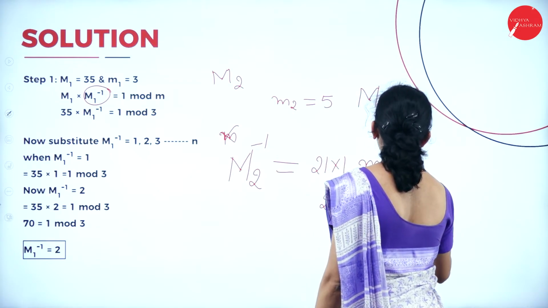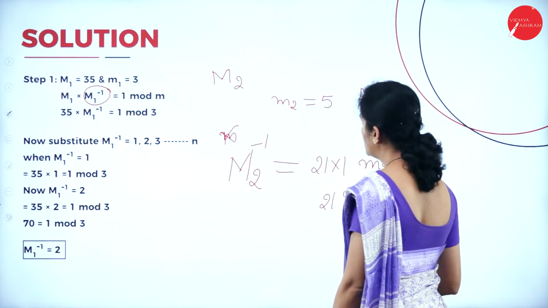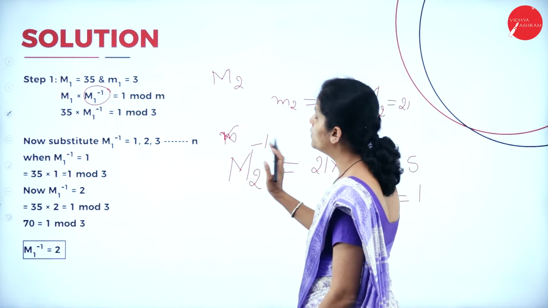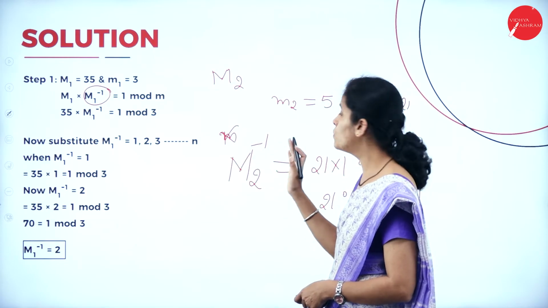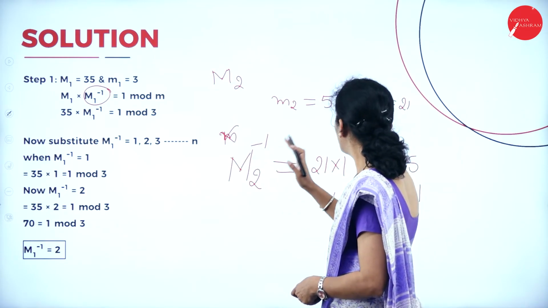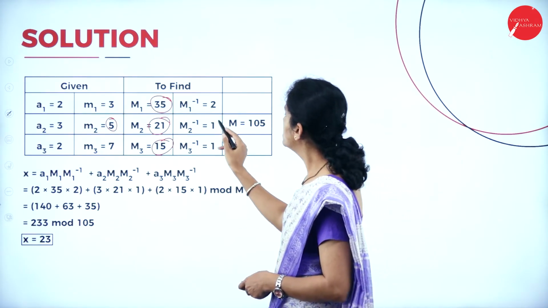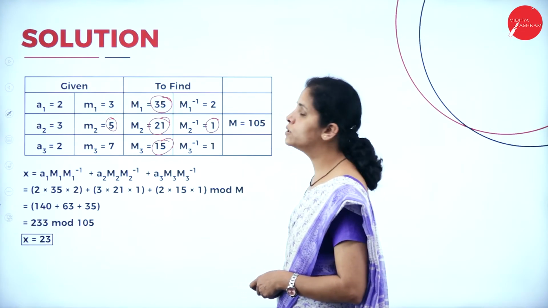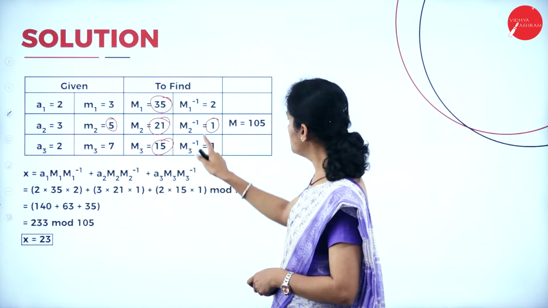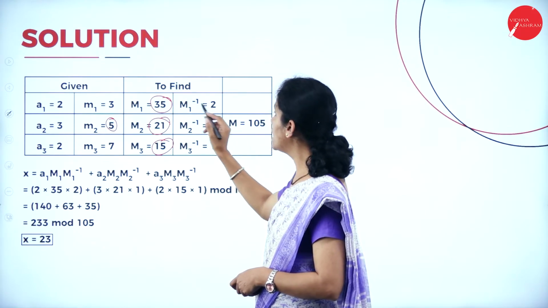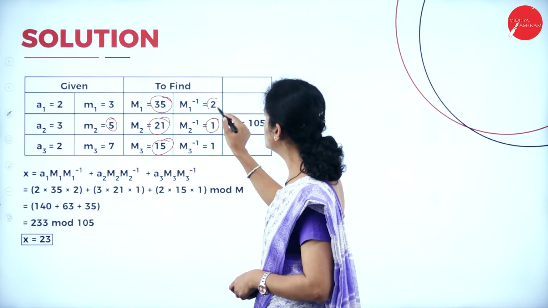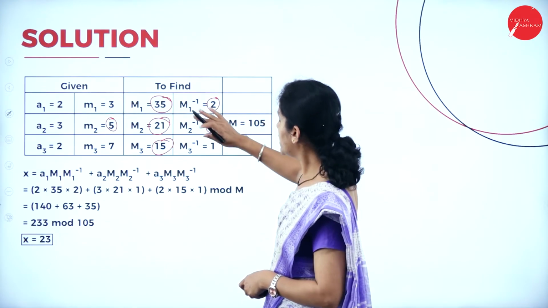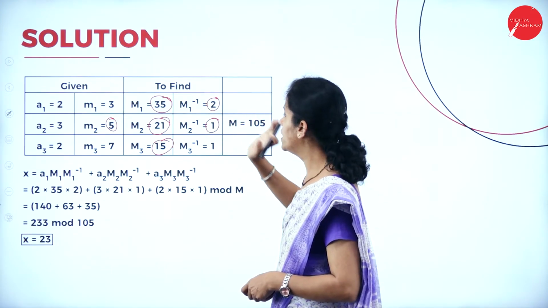What is the remainder? It is 1. So what is the value for M2 inverse? It is 1. And I am going to substitute M2 inverse equal to 1. And what about M1 inverse? It is 2. Now I got M1 inverse and M2 inverse.